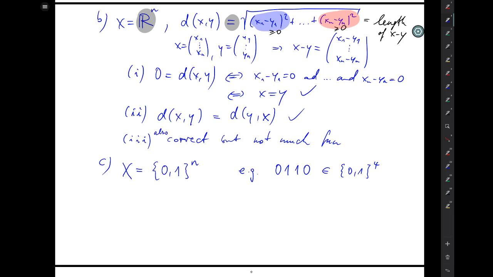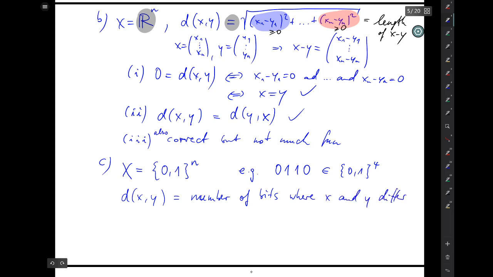So what's a good idea for a distance? You could say the distance of 2 such n-bit binaries x and y is the number of bits where x and y differ from each other.